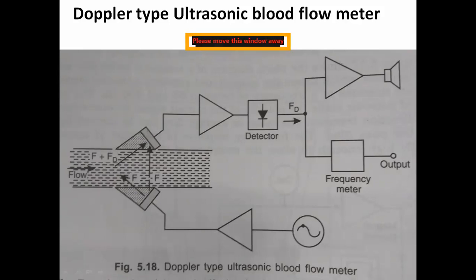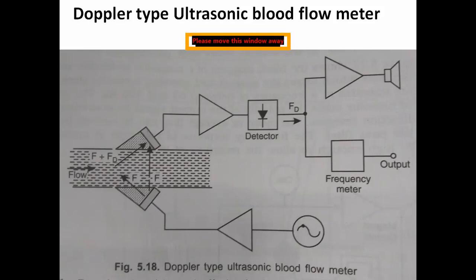So it is a type of active transducer. Piezoelectric material is nothing but an active material, which converts voltage to ultrasound signal, and by receiving the ultrasound signal, it converts it into an electrical signal.